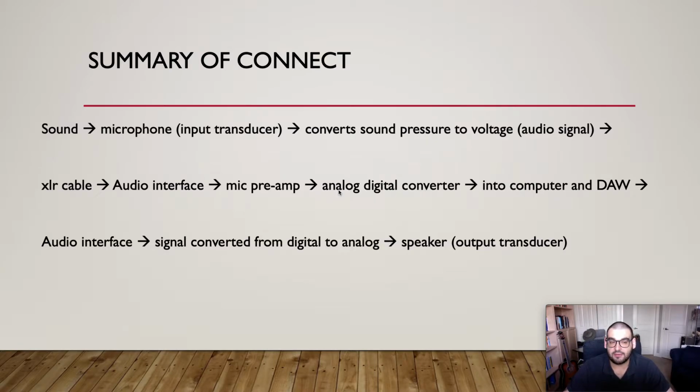The audio signal travels down the XLR cable to the audio interface, which has a mic preamp built into it, as well as an analog digital converter that transfers that signal from a USB cable into your computer and DAW system. The output goes back from your computer to the audio interface, which then the signal is converted from digital to analog, and to your speaker, which is your output transducer.